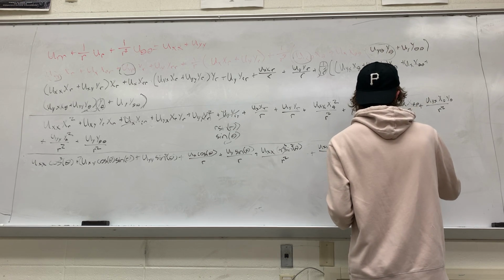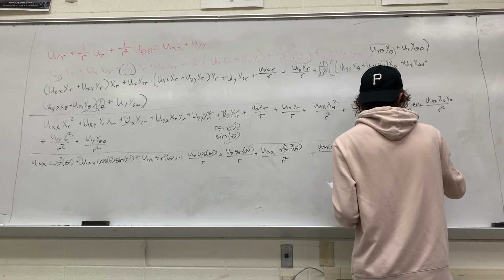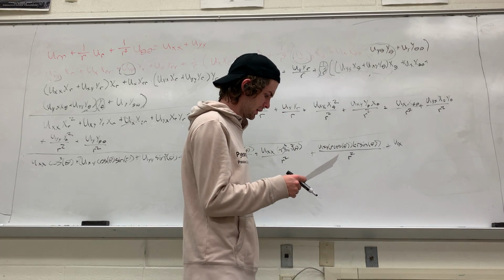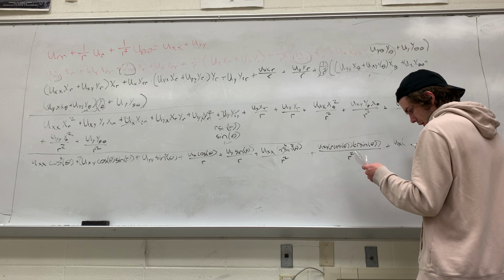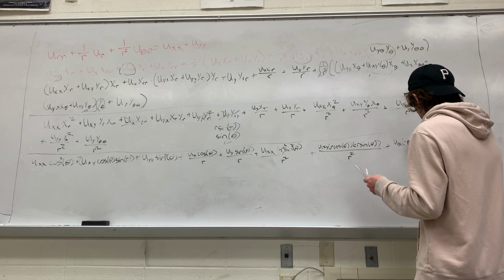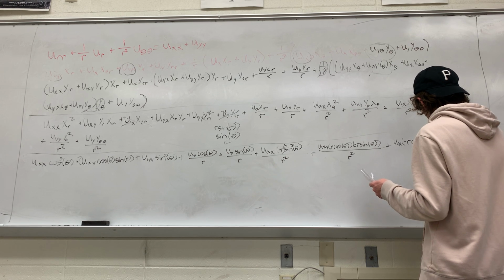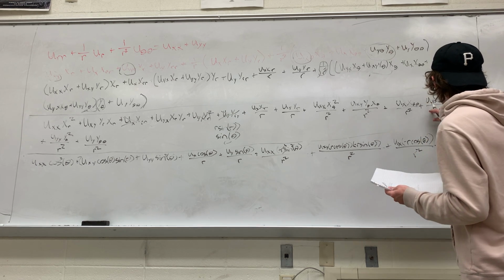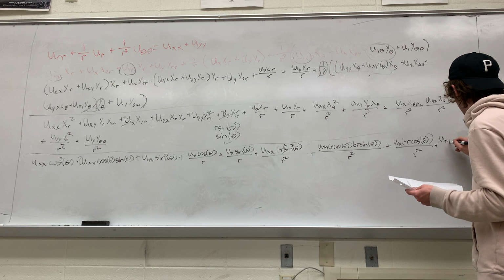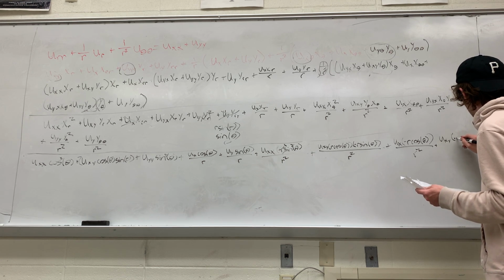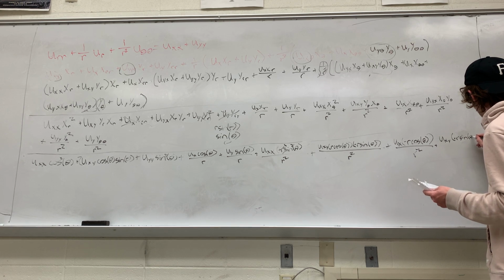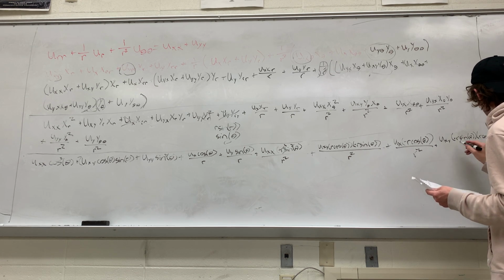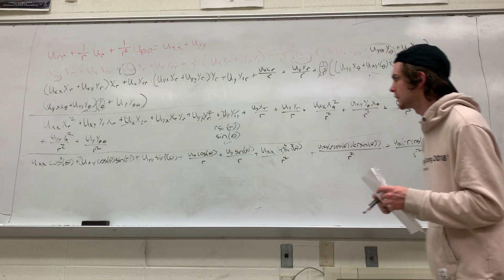Okay, then we have the derivative with respect to x times the derivative of x with respect to theta, which is equal to negative r cosine of theta over r squared plus u of x y times negative r sine theta times r cosine theta all over r squared.